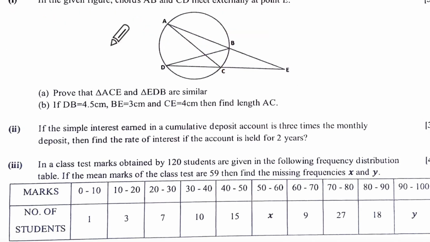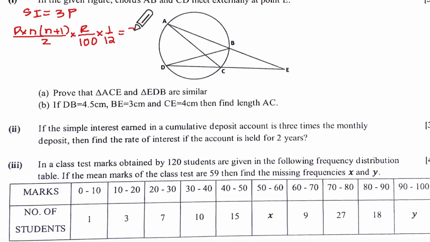Yes. Now that you understood, I have to create the space. So I will say SI is equal to 3 times P. So SI means P into (n plus 1) upon 2 into R upon 100 into 1 upon 12, and that is equal to 3 times P. Did you understand up to here?